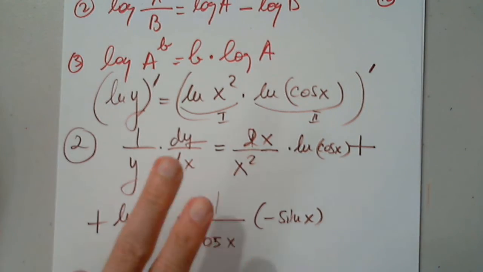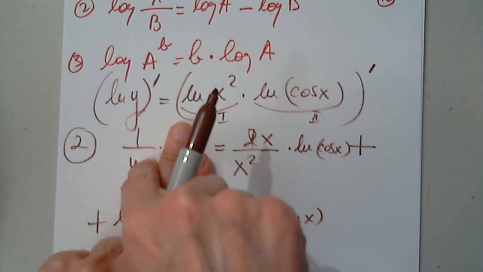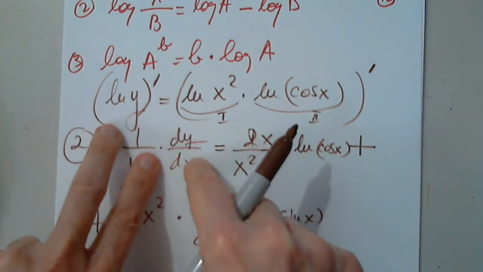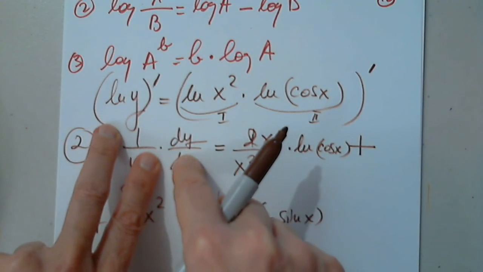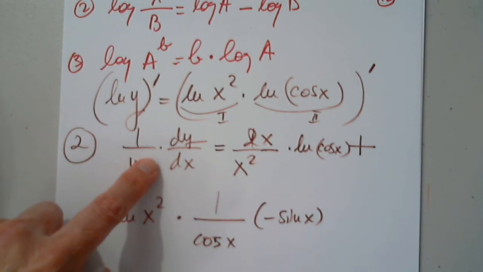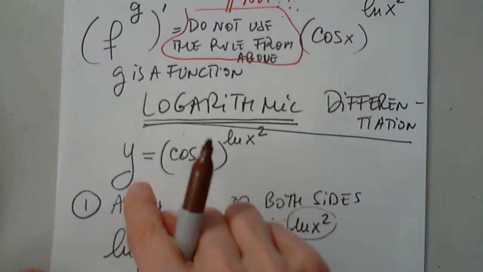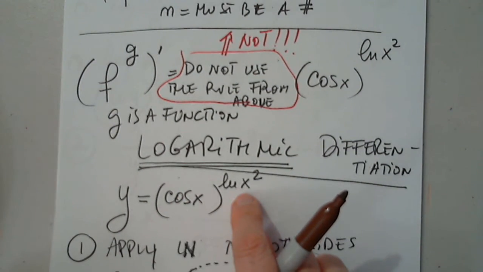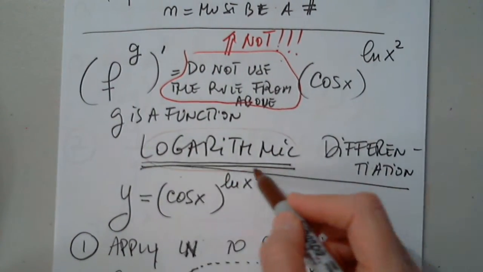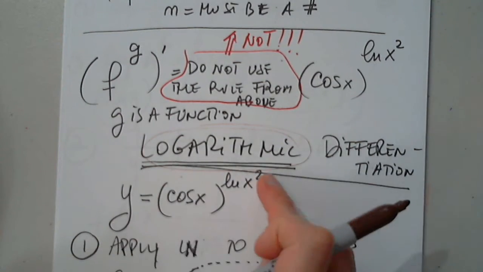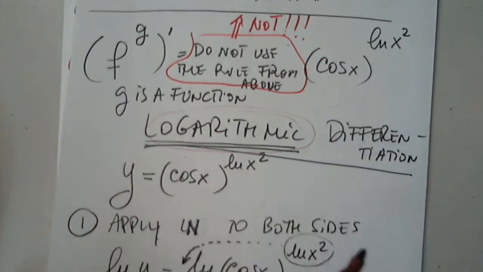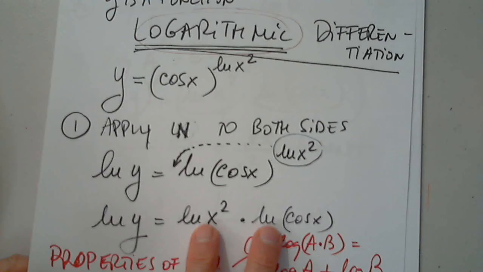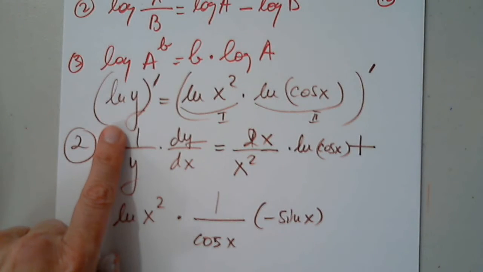How do I? No problem. All we have to do is multiply by y, both sides, to get this derivative. What will be this derivative? It will be the derivative of this, which I could not directly differentiate. I had to apply log first to both sides, remove this power, change it into a product, and then differentiate implicitly.